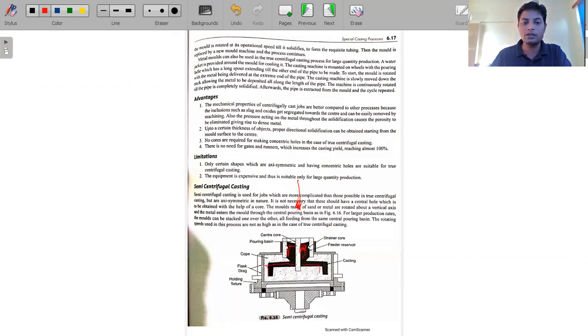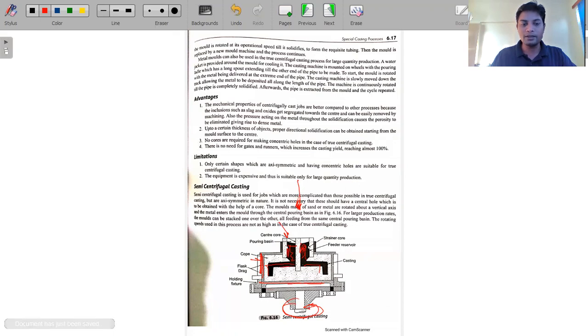This black part is the molten material. Here we use a container, or a cope and drag, mounted over the table. The fixture is mounted over a rotating pad, and we rotate it while filling the molten material from the top.